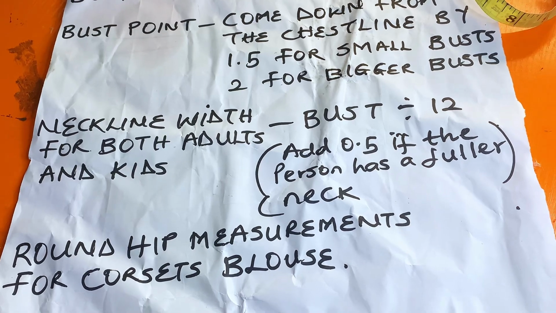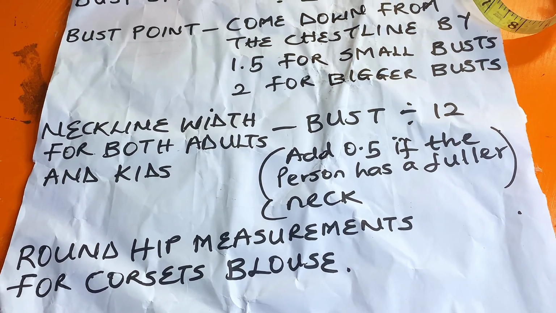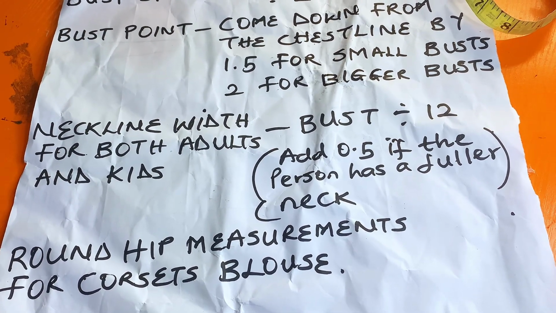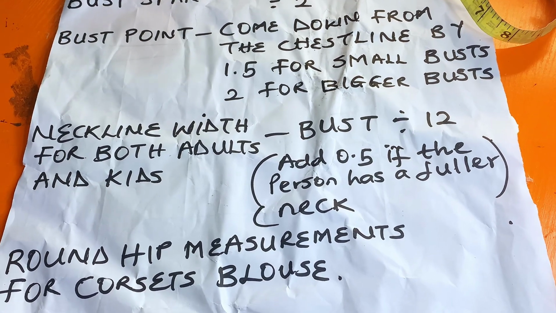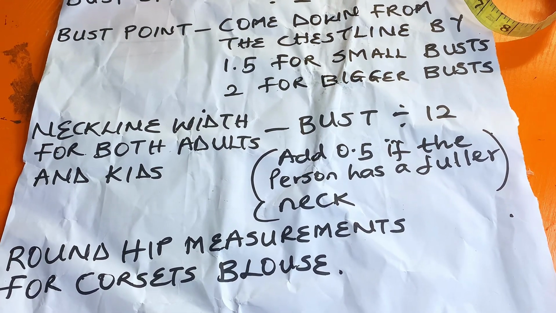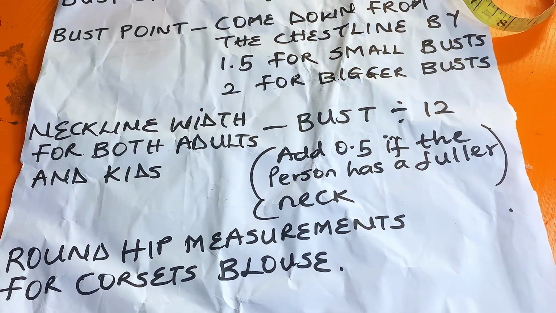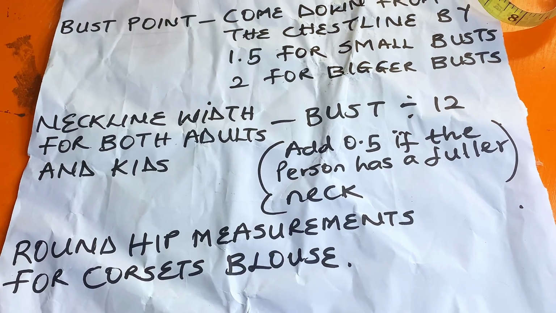To know the neck width for children, just do their bust divided by 12. If you get 1.8, you can just approximate it to 2. So what this measurement will do is just give you a guide. You know what to do per time. You will not be confused. So let's take a smaller bust.